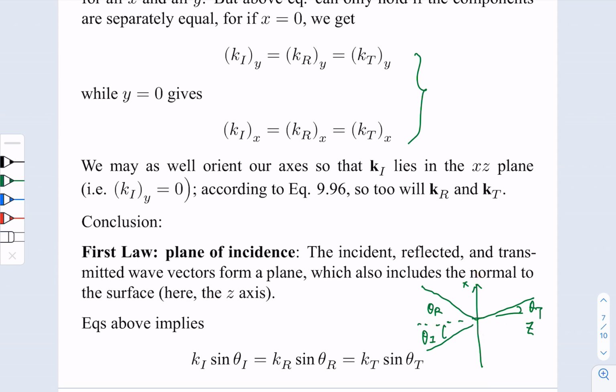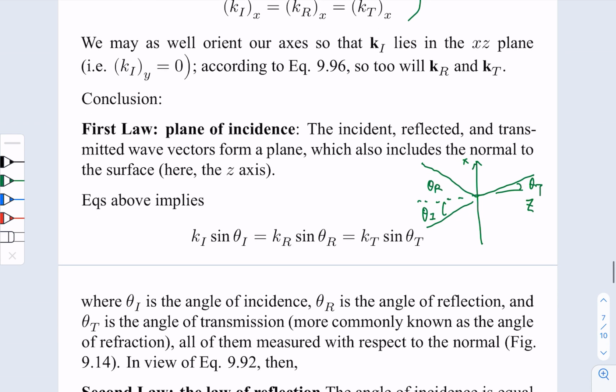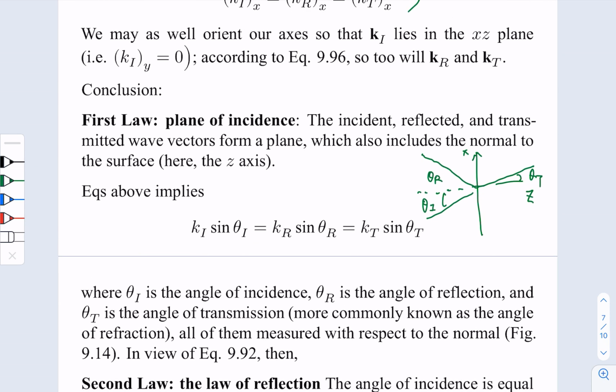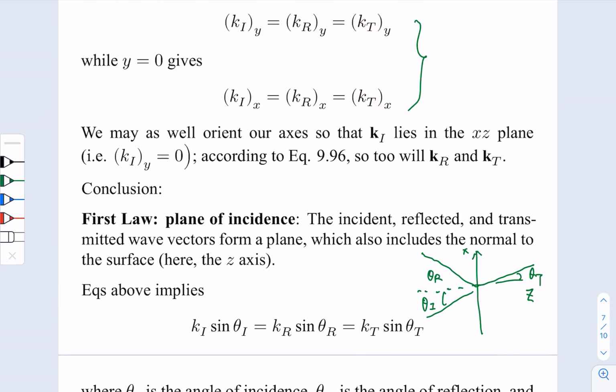So the first law is easy, and then the second law is to derive the law of reflection. Again, we base it on these two expressions.